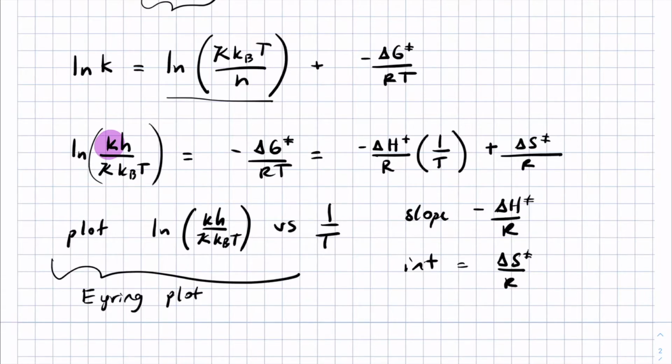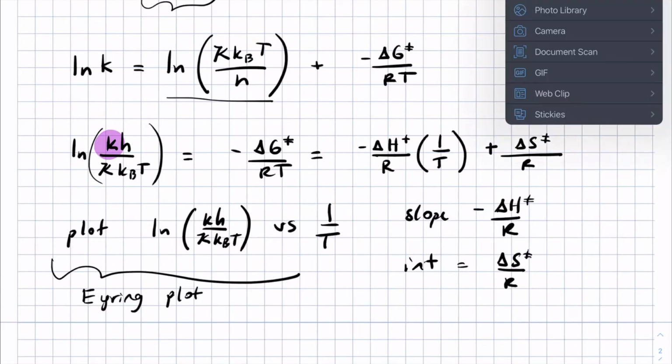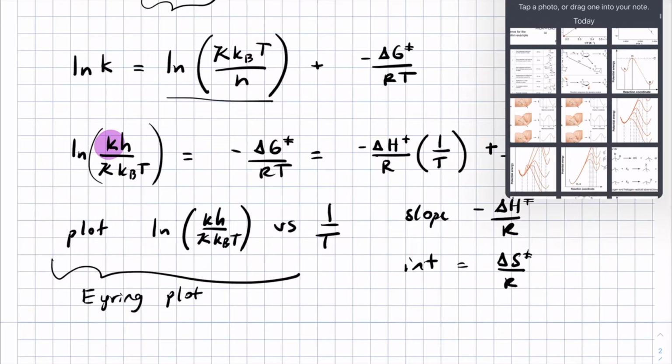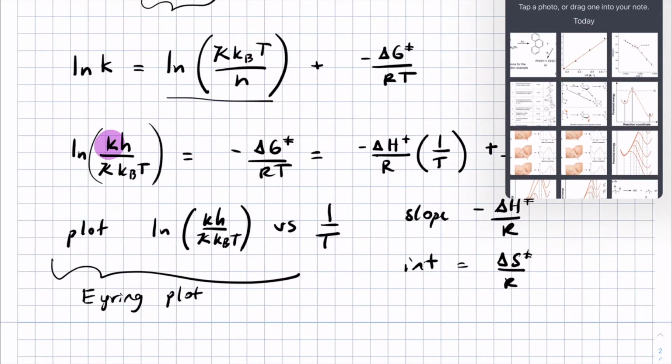I get a little giggle to myself every time I see the words Eyring plot, because that comes from Mormon chemist Henry Eyring. Let me show you an example of an Eyring plot.